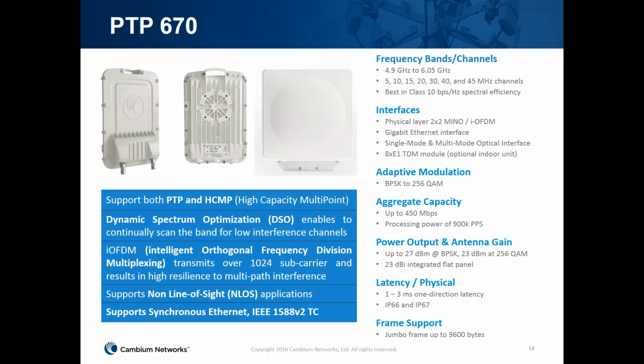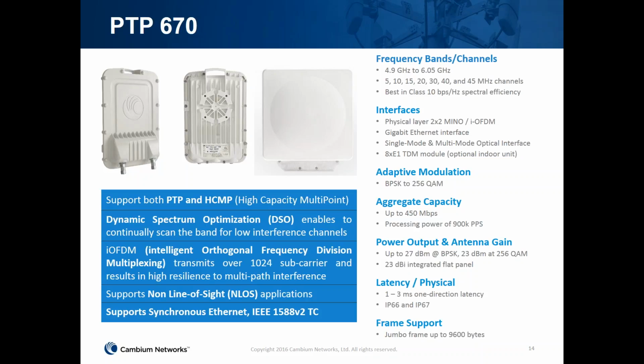The latency is around 1 to 3 milliseconds one way. It has a metal housing of IP66/67, and it does support jumbo frames. Some of the main highlights of the PTP 670 is that it supports both PTP, that's point-to-point, and HCMP, which is high-capacity multipoint, which we will get to in the next few slides. It also supports DSO, which is similar to the PTP 650.